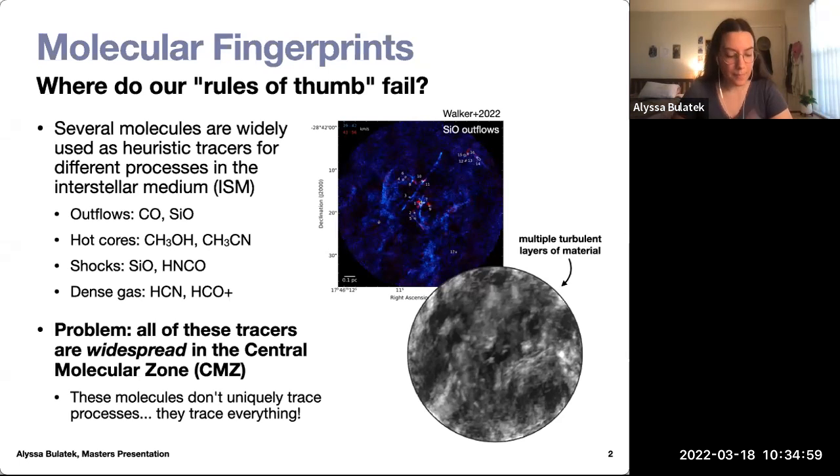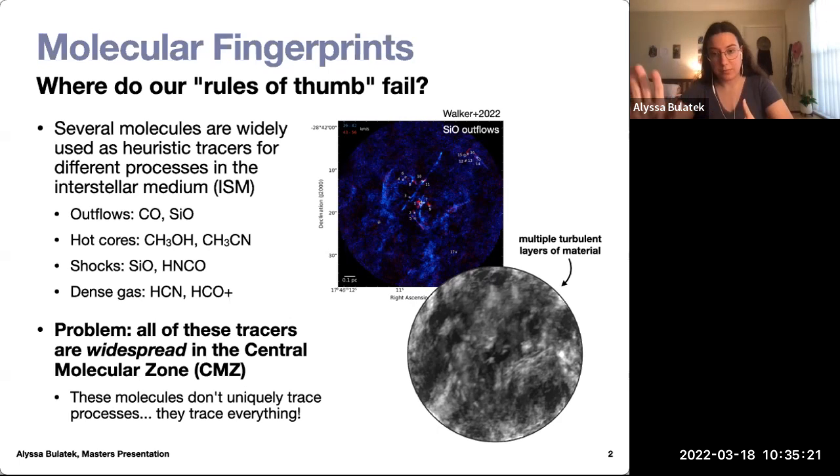processes. But a problem arises when we try to use these commonly cited tracers to find processes related to star formation in extreme environments like the one in the center of the Milky Way galaxy. In particular, in the central molecular zone, which is about the central 200 parsecs of the Milky Way.